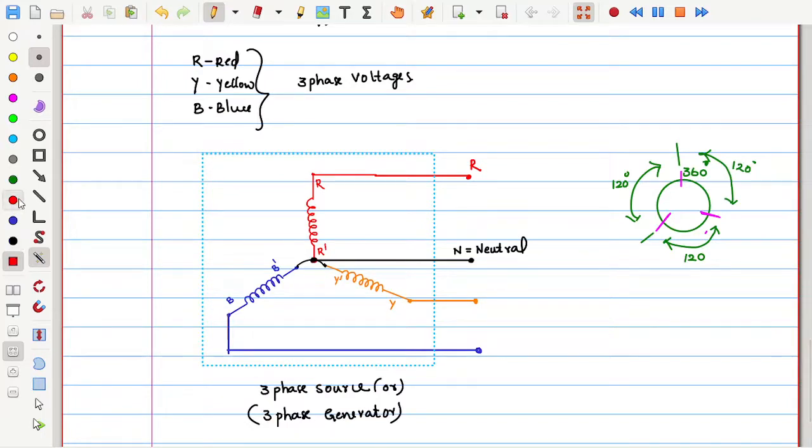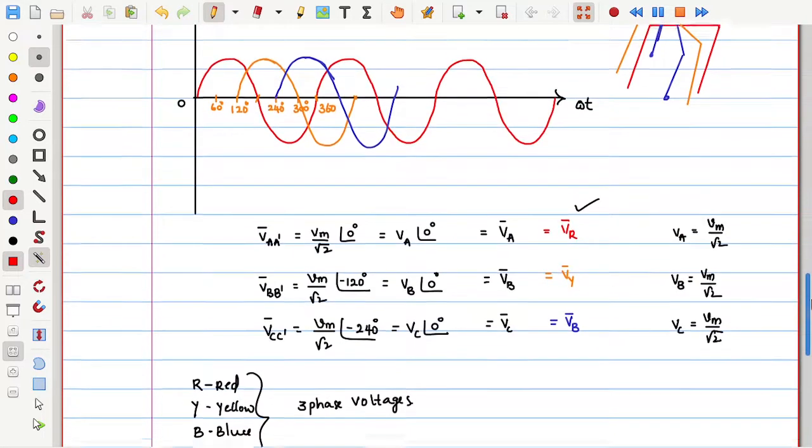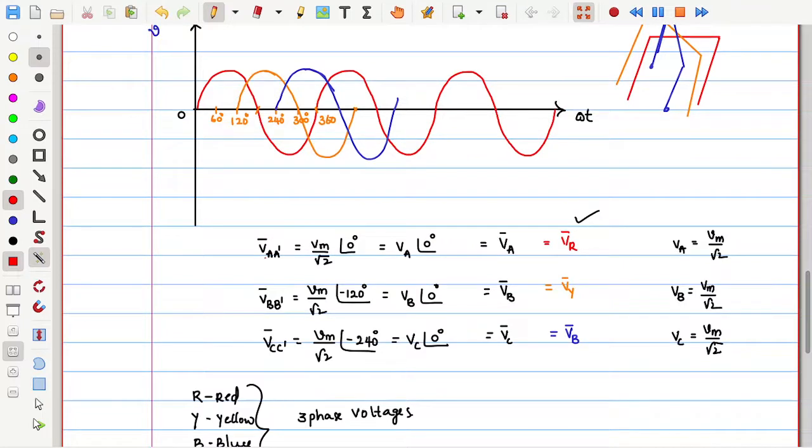Now, if I measure voltage from R to N, how much is the voltage? VR. That is, R to R dash voltage is VR. You can check here, R to R dash is nothing but A to A dash. That is the VR.